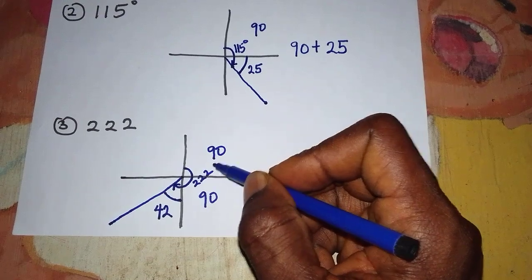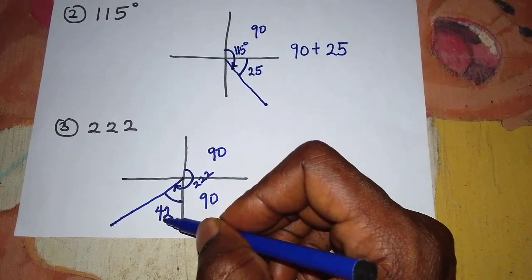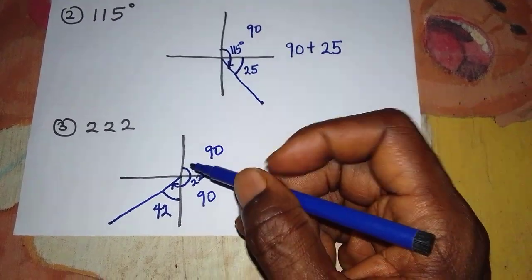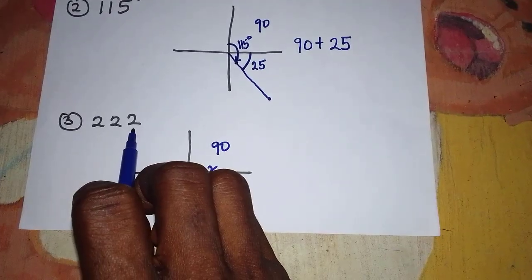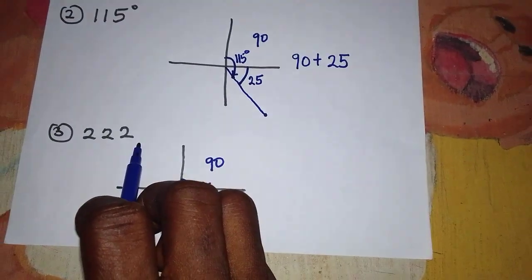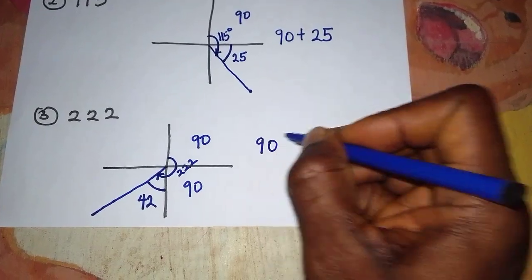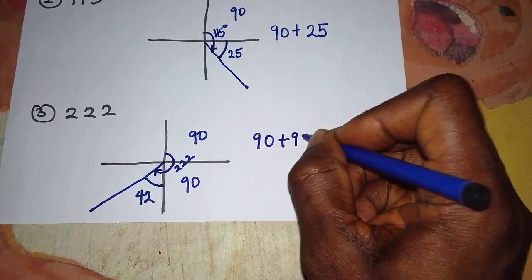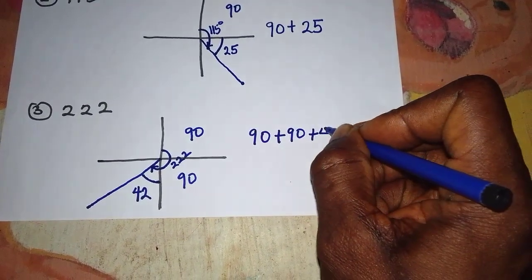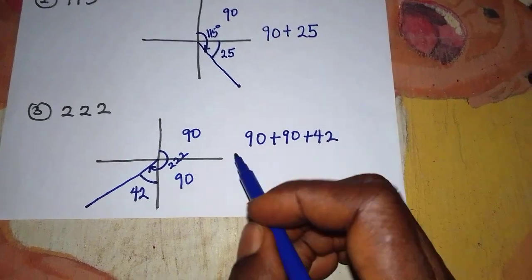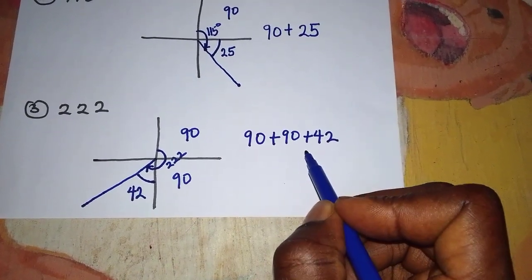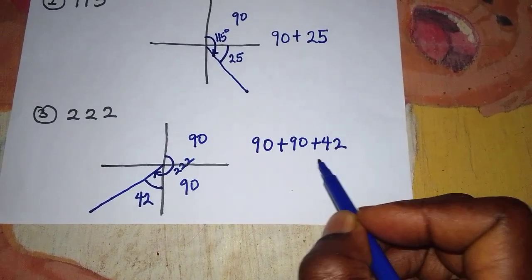So if you want to break 222 down into the cardinal plane, you have 90 plus 90 plus 42 degrees.